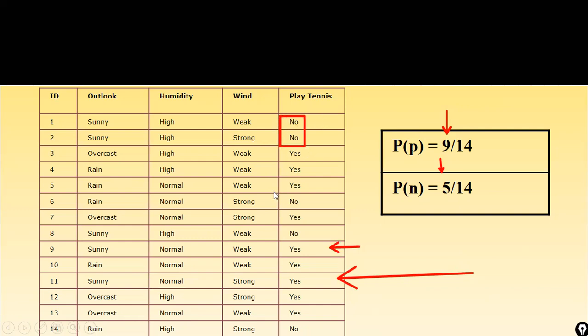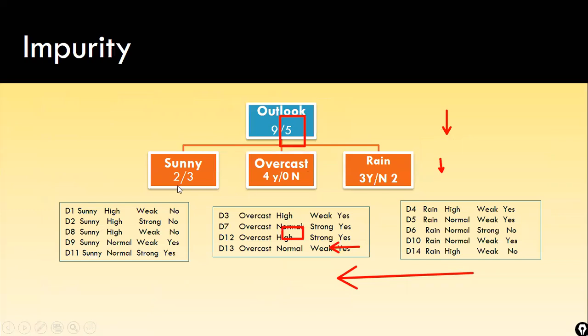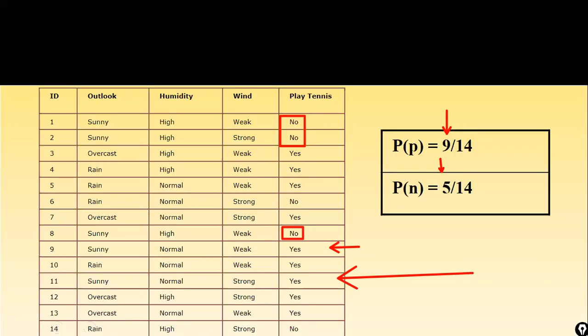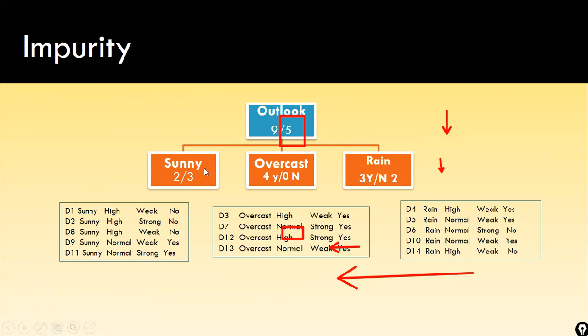So 2 no is there, and 1 more no is there. So 2 yes and 3 no's. So this 2 is yes and this 3 is no.